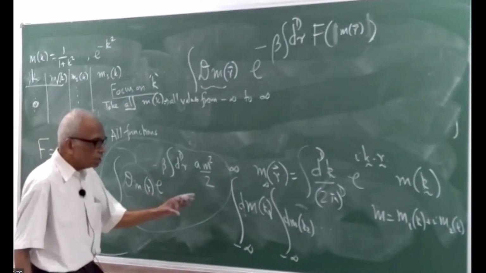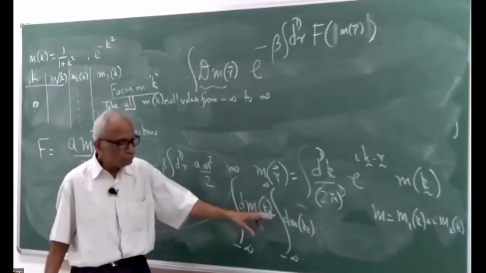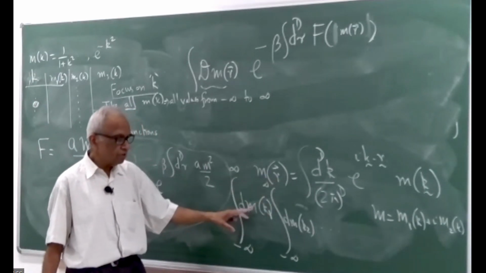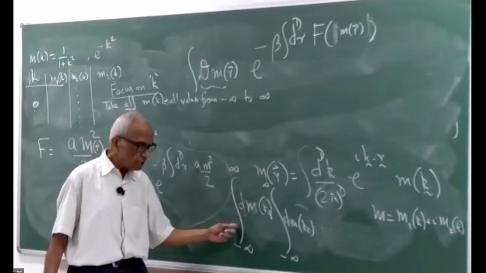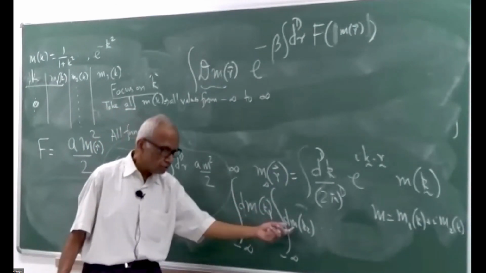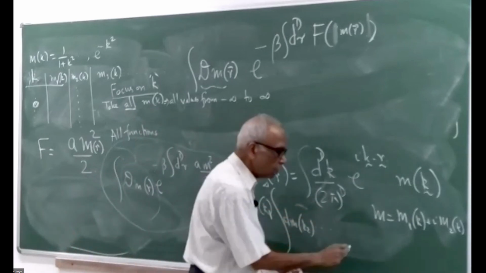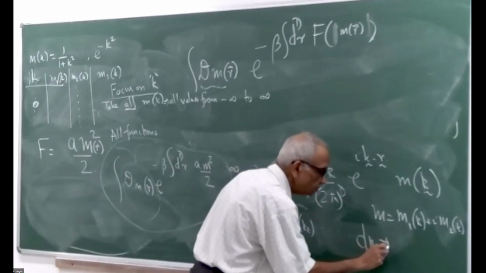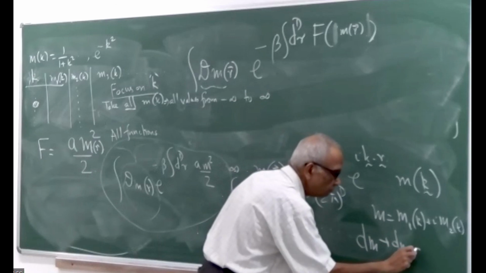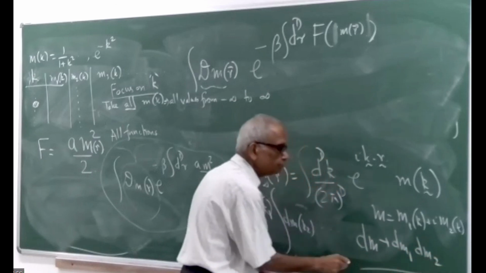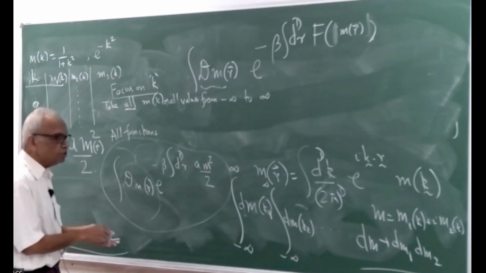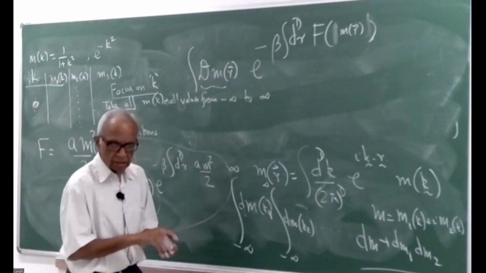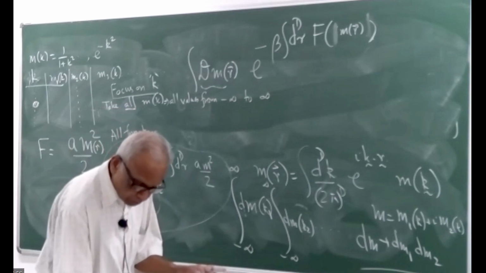So it is really dm1, dm2 actually. When I write down a dm of k1 over here, it is dm1 of k1, dm2 of k2. This differential is really a dm1, dm2.